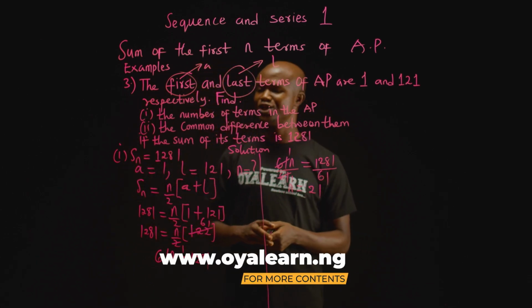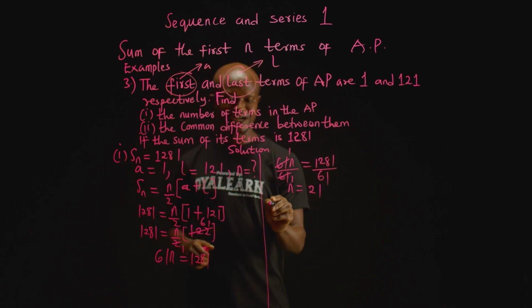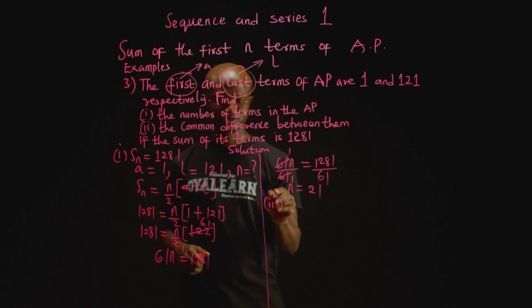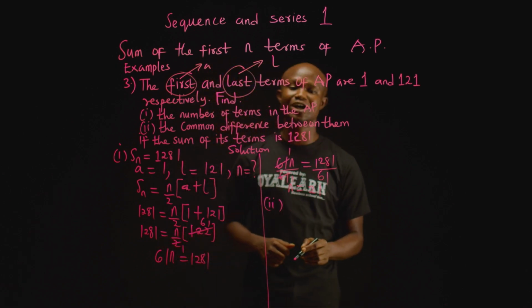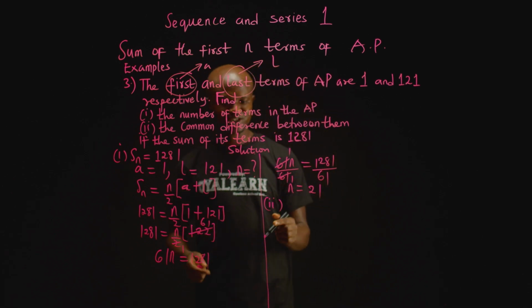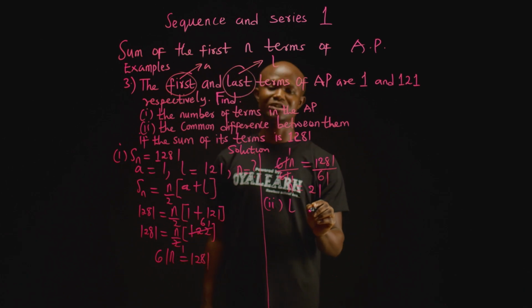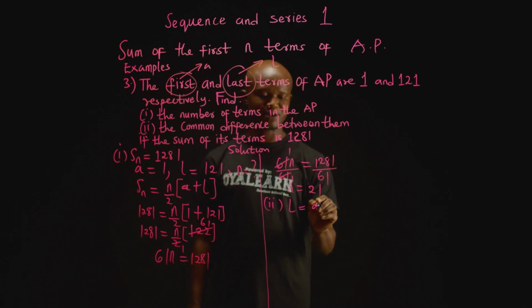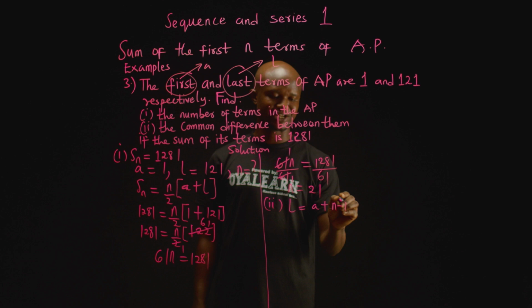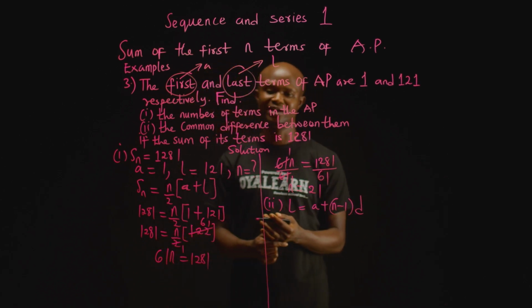The next thing we need to do is to solve Roman figure 2. For the second part of the question, we are asked to find the common difference. Since we have our last term, and we know that the last term equals A plus n minus 1 d, then we can get our common difference from here.